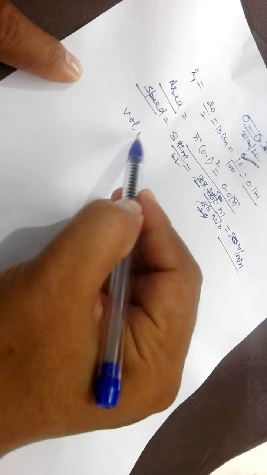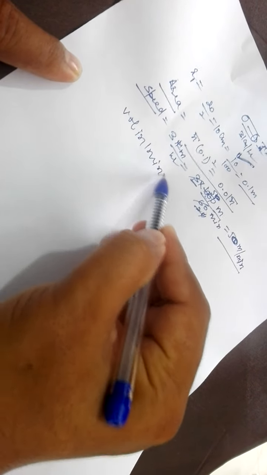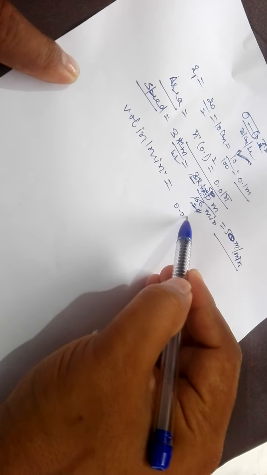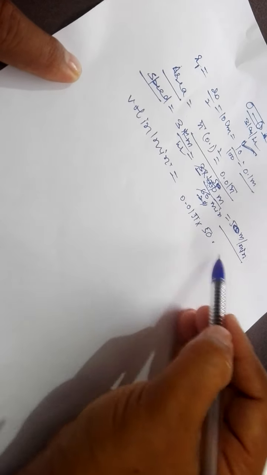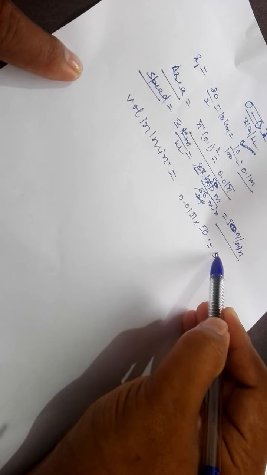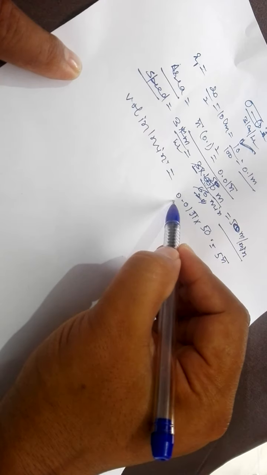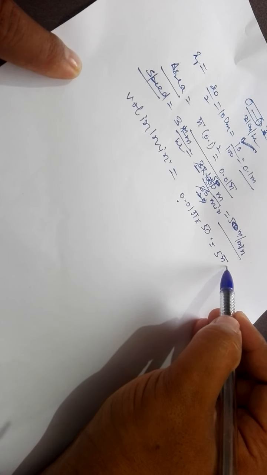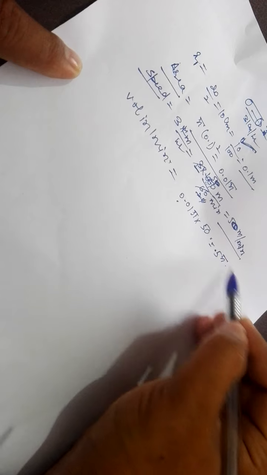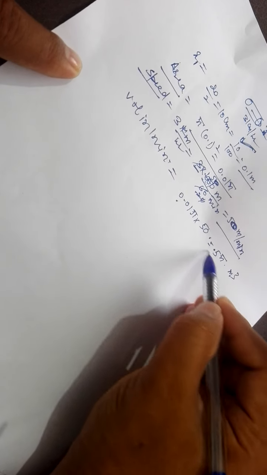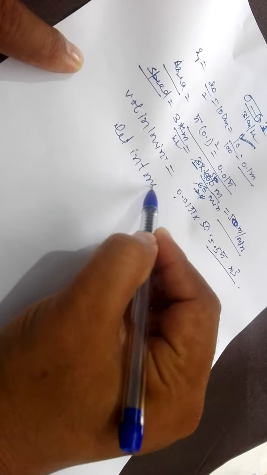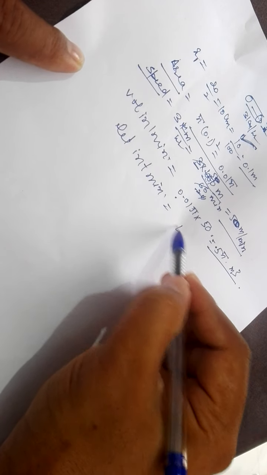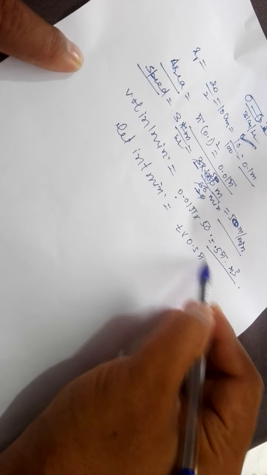What is the volume flowing in 1 minute? Multiply cross section area with speed. What we get? 0.5 pi meter cube. Now let in T minutes, volume flows T into 0.5 pi meter cube.